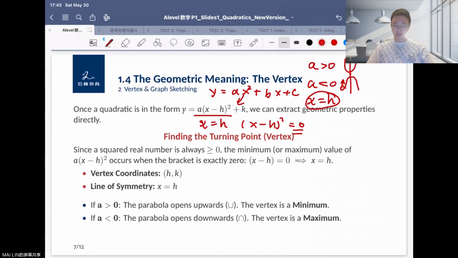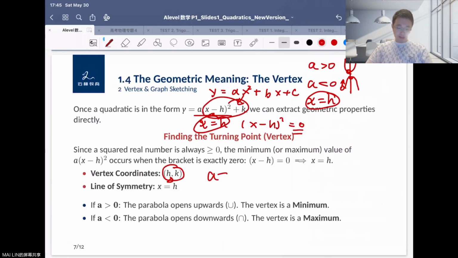That is the middle point, whether it is at the maximum point or at the minimum point, we can find it. For example, here hk means the vertex coordinates. When x equals h, x minus h squared equals 0. That is a minimum value, and plus k is also the minimum value.